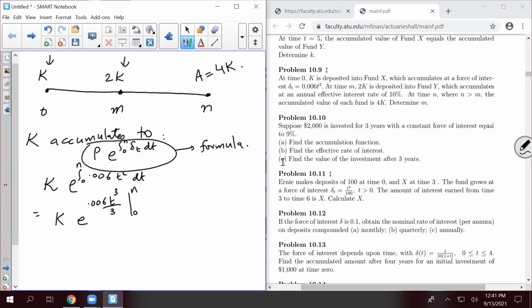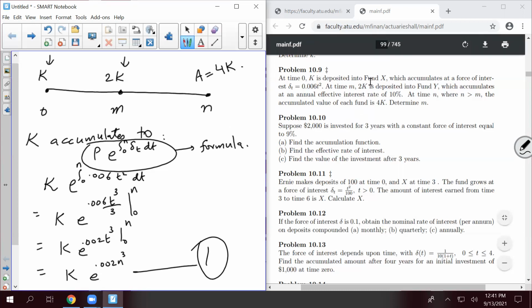Okay, equals K e to the 0.002 t cube from 0 to N, equals K e to the 0.002 N cube, and the lower limit is 0. Okay, this is what the K accumulates to.